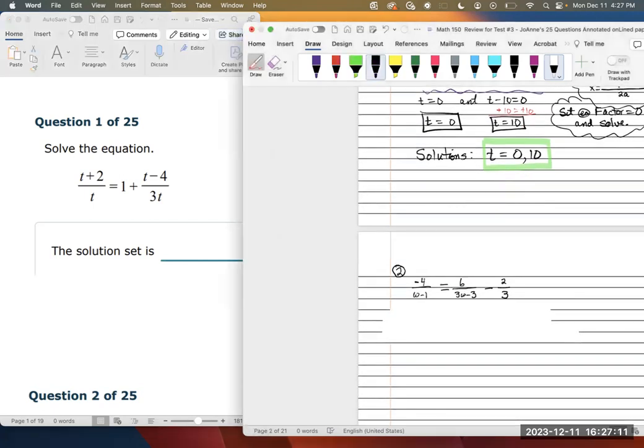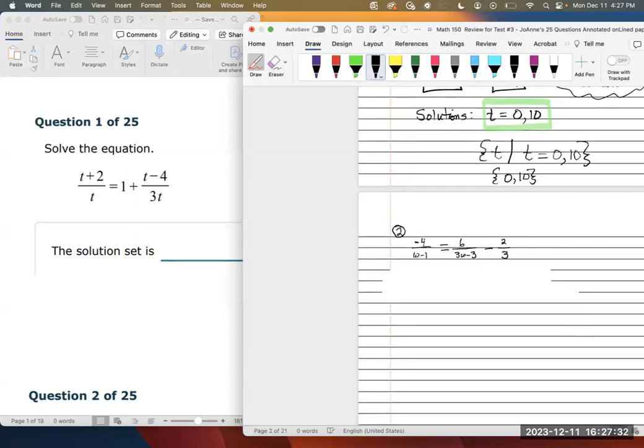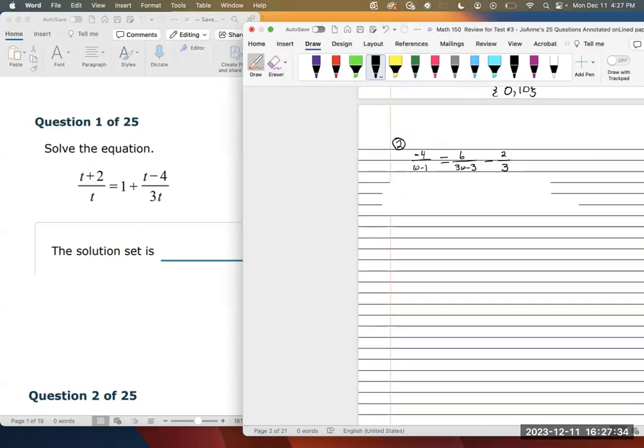If you wanted to write it in set notation, then you would write the set of all numbers t such that t equals 0 or 10. Another way to write it is just the set that contains 0 and 10. If you give me 0 and 10 on the test, that will be fine.